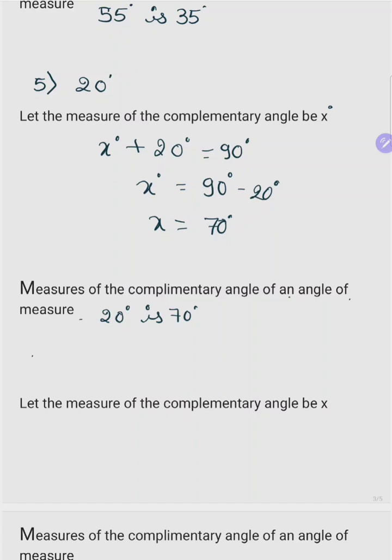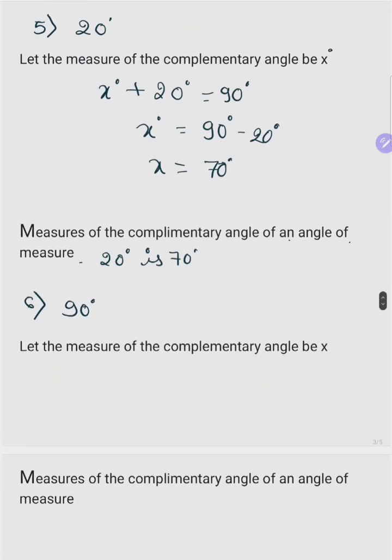And the sixth one is what is there? 90 degree. 90 degree is also a complementary degree, na? So how is it solved? It is already 90 degree. So let the measure of the complement angle be x degree. Here write x degree plus 90 degree is equal to 90 degree.